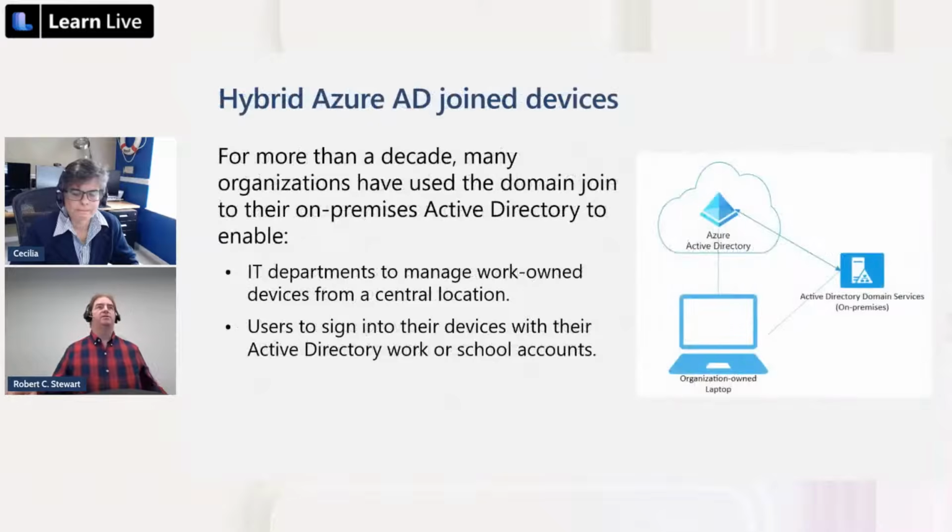Yeah, and the third type is considered a hybrid Azure AD joined device. Many companies, as Cecilia mentioned previously, have been dealing with Active Directory and on-premises, both users and devices connecting into their networks. And we don't want to set up a scenario where you have to replicate those users, or in this case, those devices within the cloud manually and have two different versions of them, having to log into one account to use cloud resources and another account when they're going on premises.